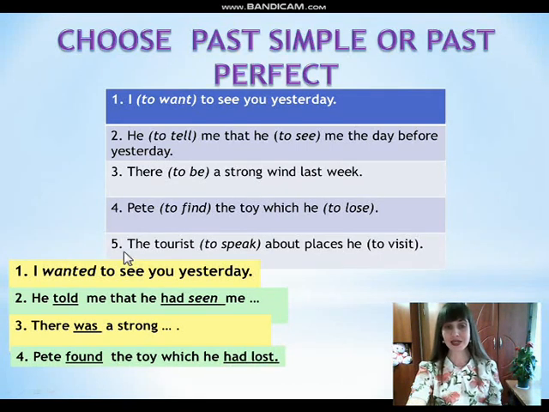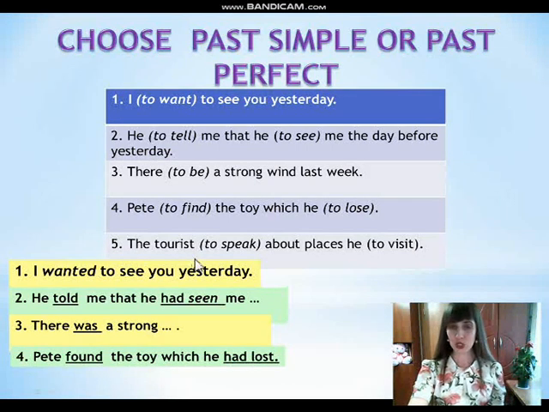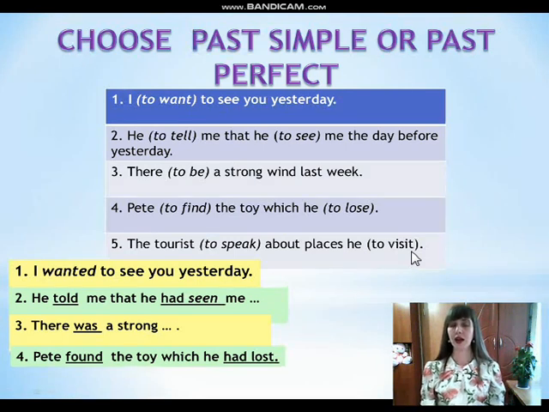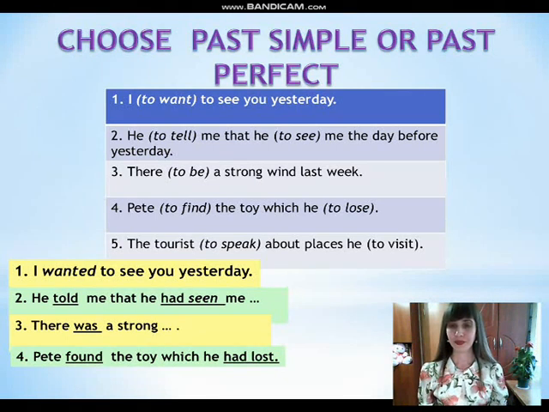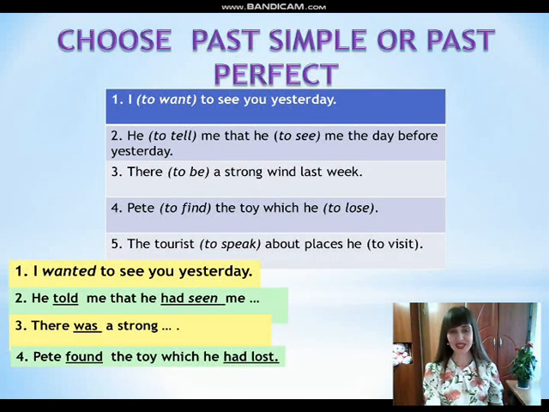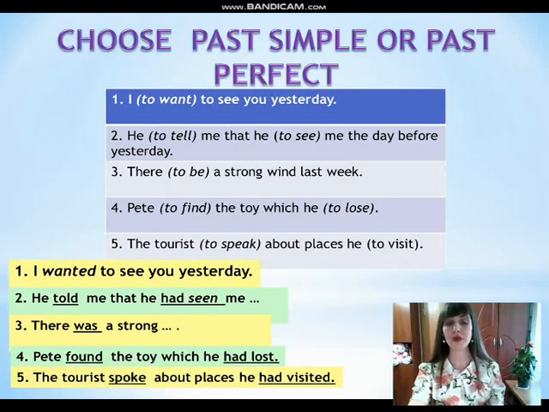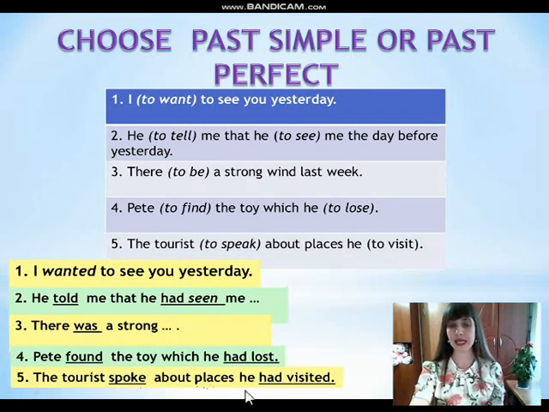And now the sentence number 5. The tourist to speak about places he to visit. So, I am in silence. I don't tell anything. Okay. I'm waiting for your thoughts. The process of thinking. So, the correct answer is the tourist spoke about places he had visited.